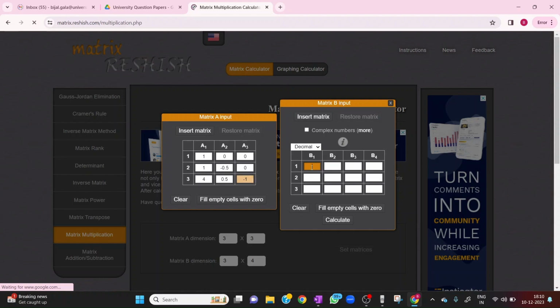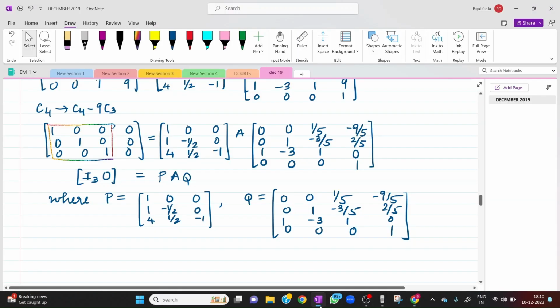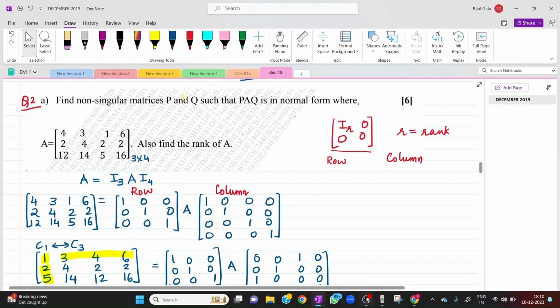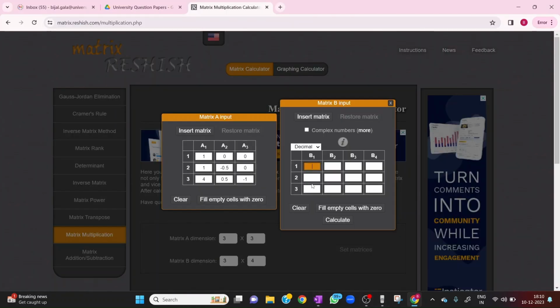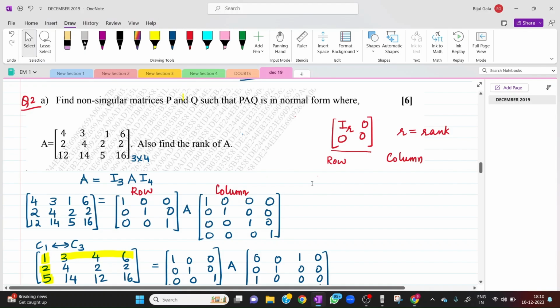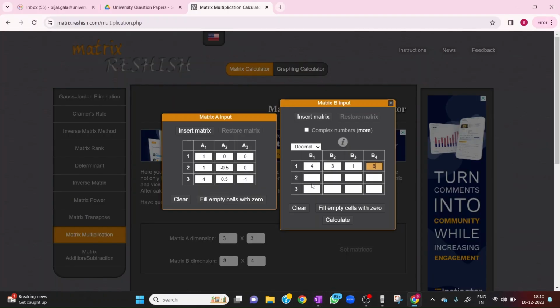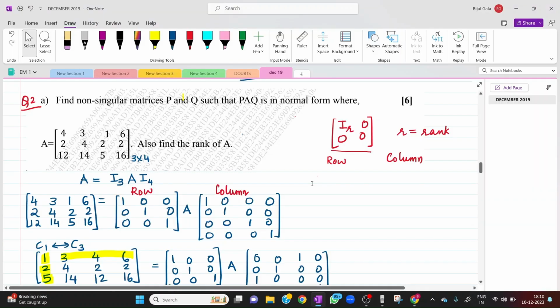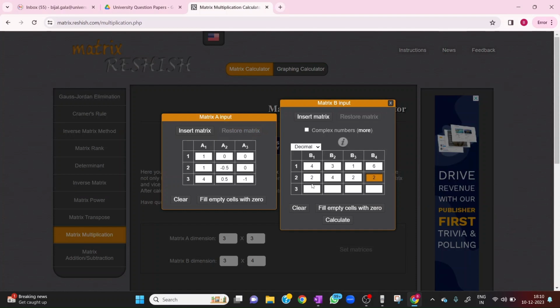Now let's put in the matrix A here. Matrix A, which was given to us in the question itself: 4, 3, 1, 6. Then you have 2, 4, 2, 2. Then you have 12, 14, 5, 16. Okay, let's multiply.